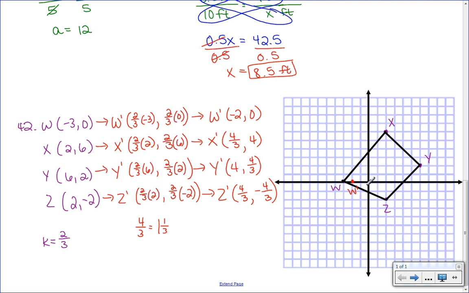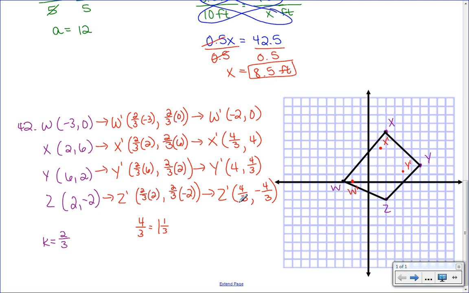Now what I'm plotting is 1 1/3, 4. I'm not going to be exact here, but I can be close enough. So 1 1/3, right about here, and then up 1, 2, 3, 4. It may not be perfect, but it should be very close. For Y prime, we want 4, 1 1/3. So 1 and about 1/3 would be about right there.